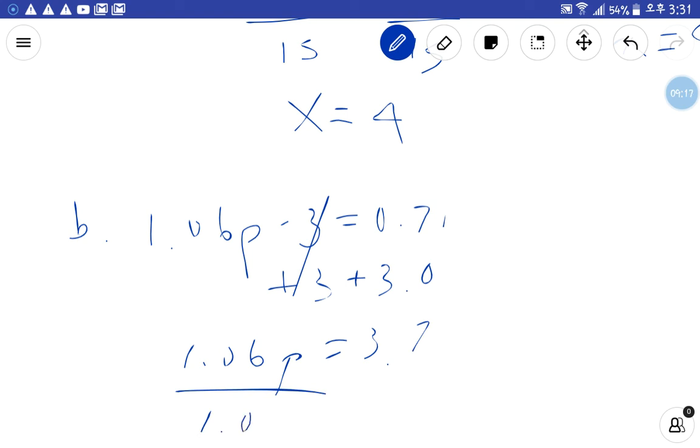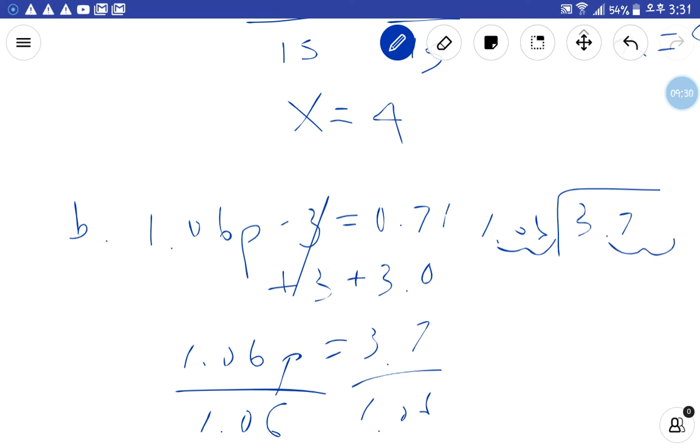Divide by 1.06 on each side. Move your decimal point to the right. There are 2 decimal places here. So you change 3.71 into 371 and 1.06 becomes 106.